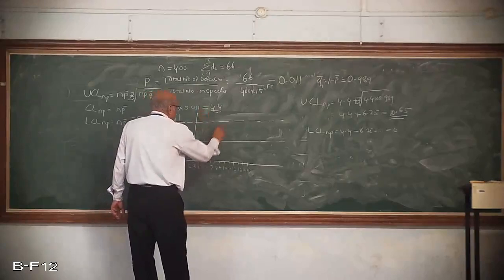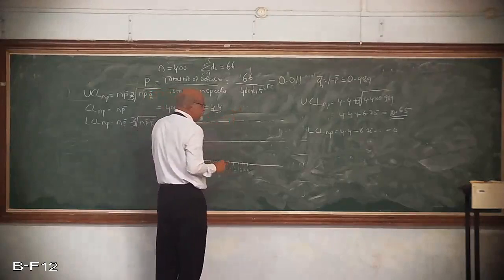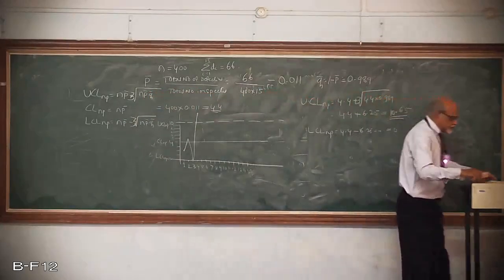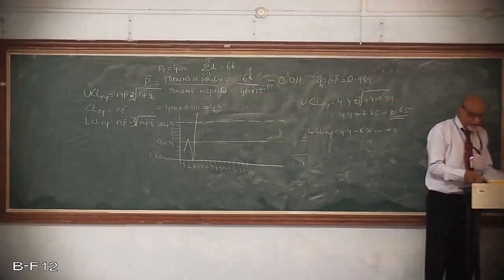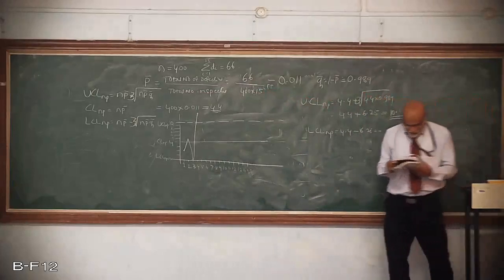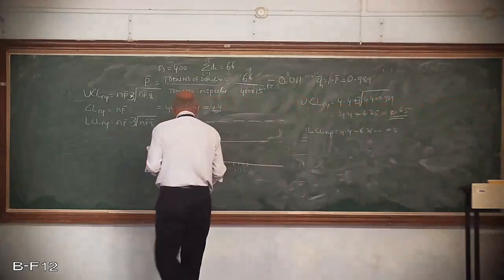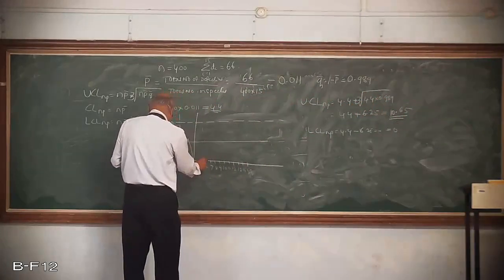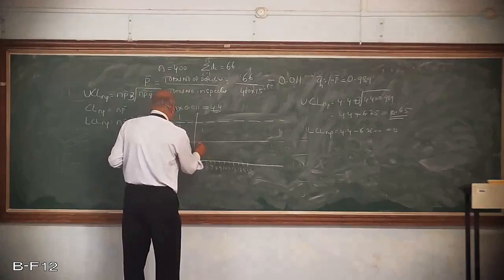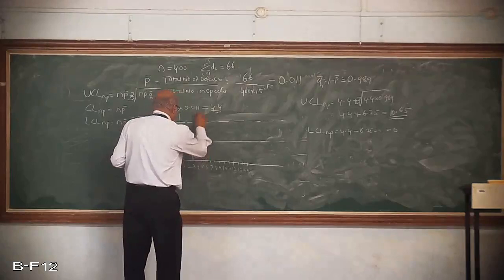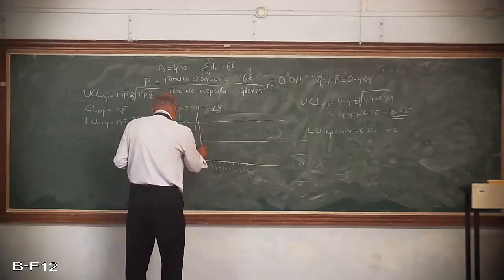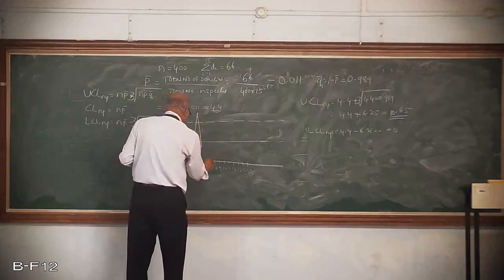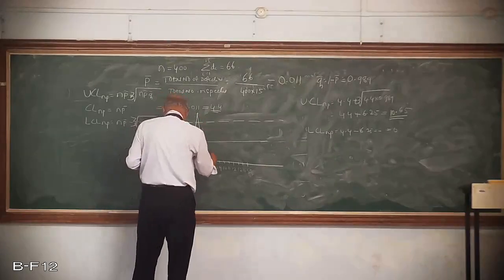So again, this will give, that is what is happening. I'll try to draw it fully so that you can understand it in a better way. Fifth one is 3. Sixth one is 0. Seventh one is 1. Eighth one is 0.